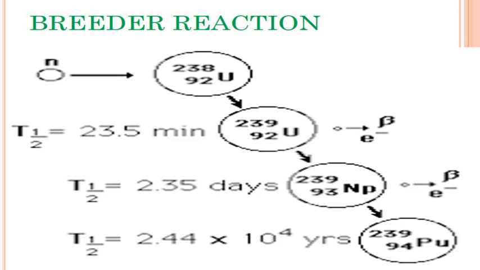So there are different breeder reactions. This is a reaction involving uranium. Now there is also another reaction involving thorium. When thorium-232 is bombarded with a fast neutron, it becomes thorium-233, undergoes gamma decay followed by beta decay, and forms uranium-233.